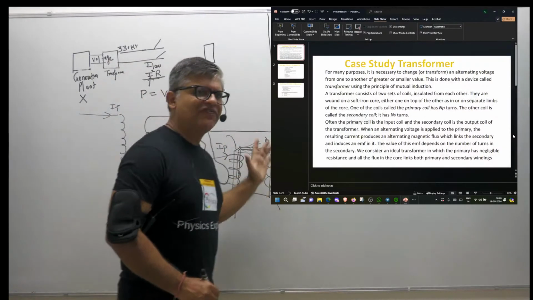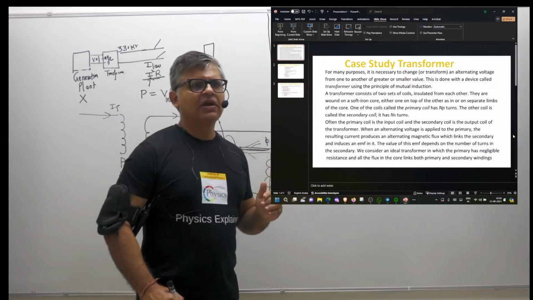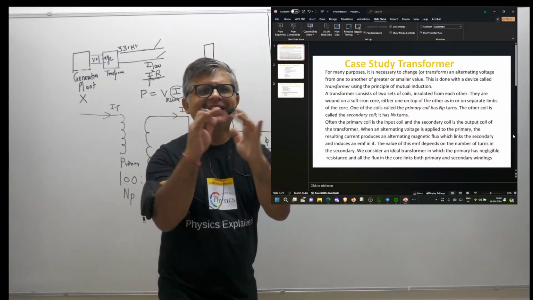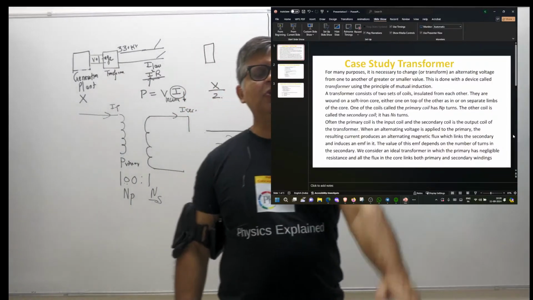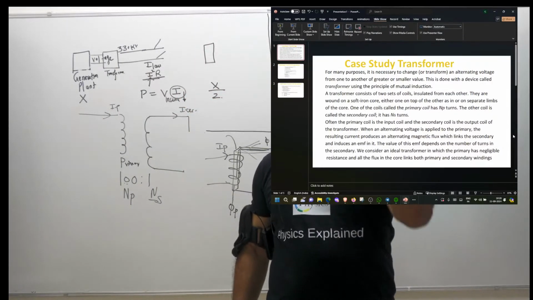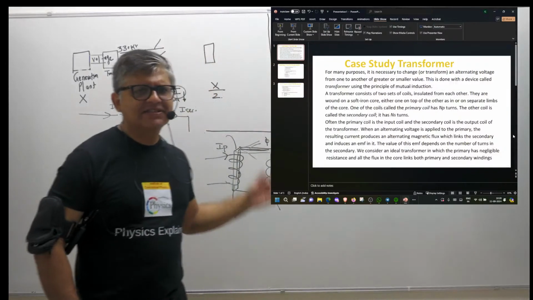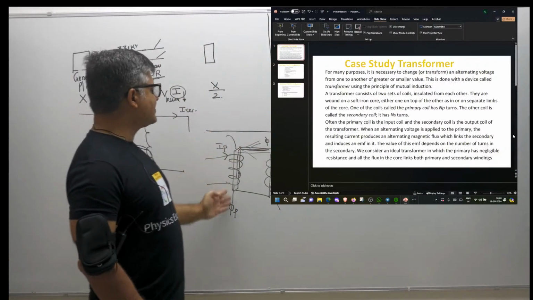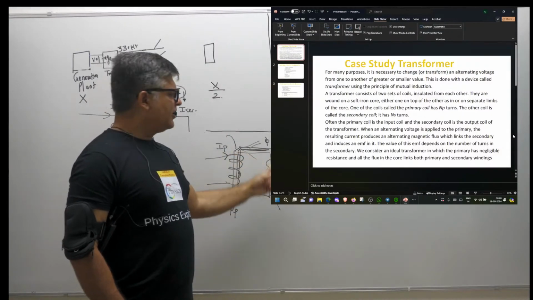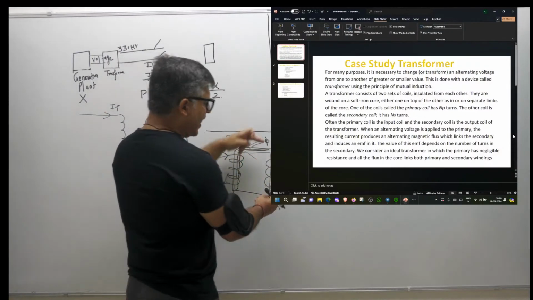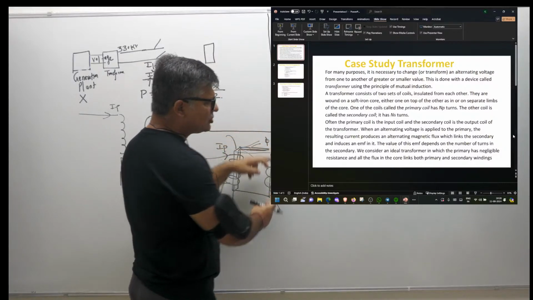The rate of change of flux is also the same. And this magnetic linking is called mutual induction. See the first paragraph, last word. Mutual induction is what you will see. So one is sending flux to another and inducing a back EMF in the secondary also, right?